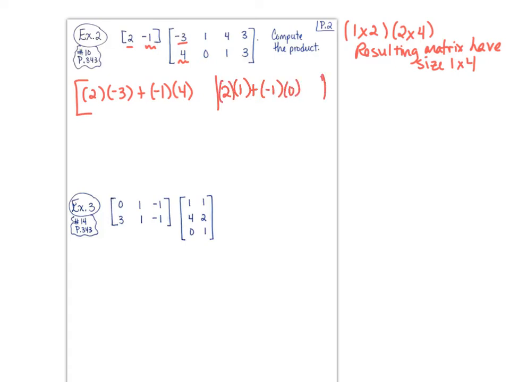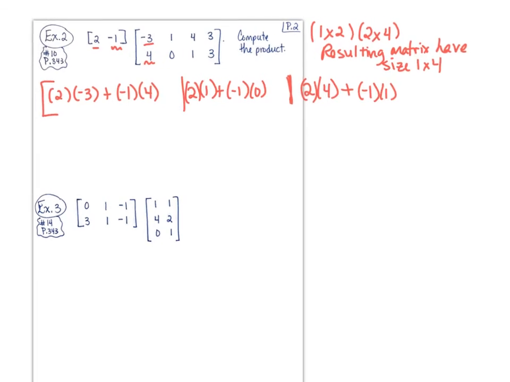Good. What's the next one? Plus negative 1 times 1. Good. So you're multiplying the first row by the third column, and then what's your last one? 2 times 3 plus negative 1 times 0. Good.